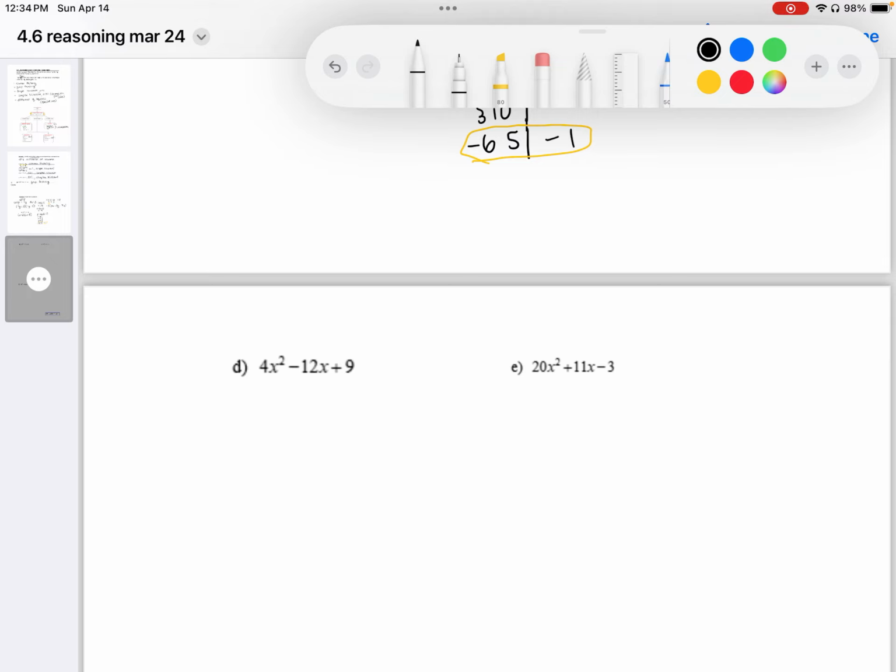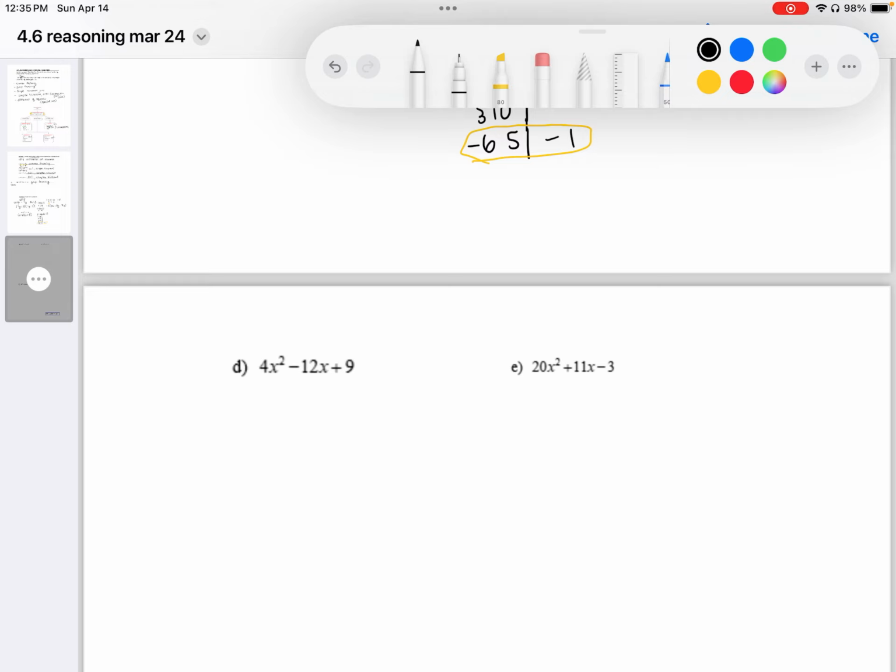Guess and check, I guess sort of goes without saying, but you could do that as well, but maybe you don't feel that good yet about guessing and checking.